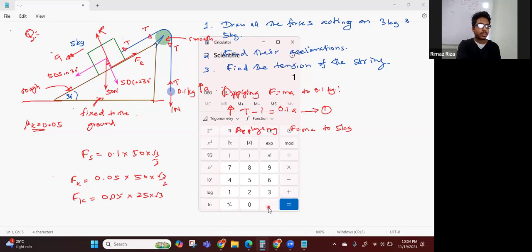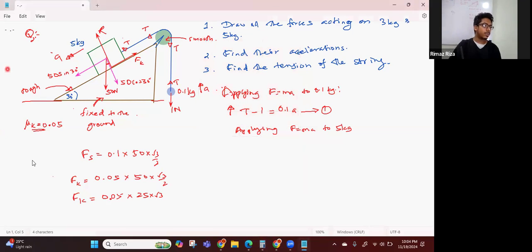So 1.73 multiplied by 25 multiplied by 0.05 is equal to 2.16. So Fk is 2.16 Newton.